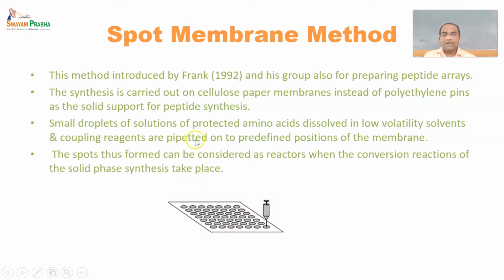And the coupling reagents which we have to couple are pipetted. So by using an automated pipette, we can spot on each position, and it has the advantage that we already know what kind of small droplets of protected amino acids we have spotted, and what we are spotting using a coupling reagent.